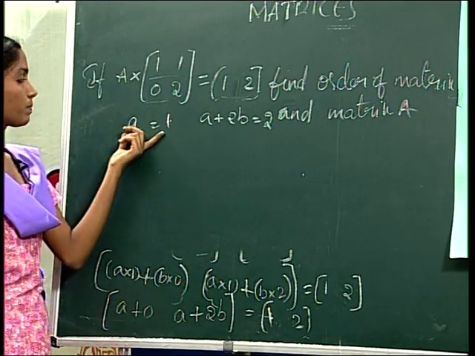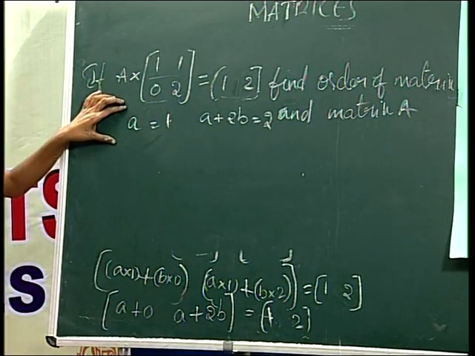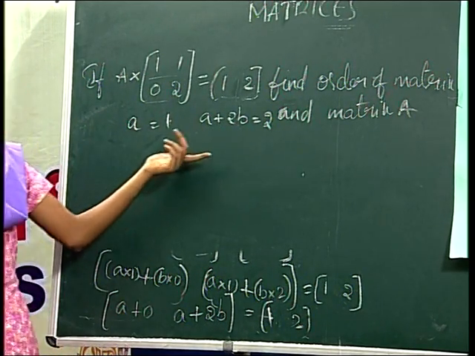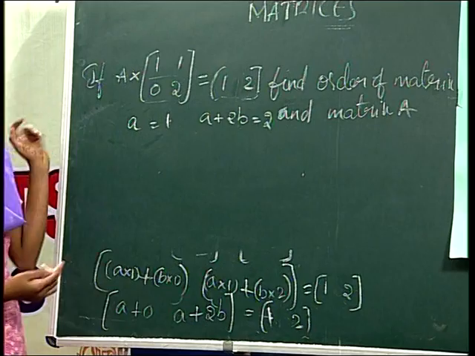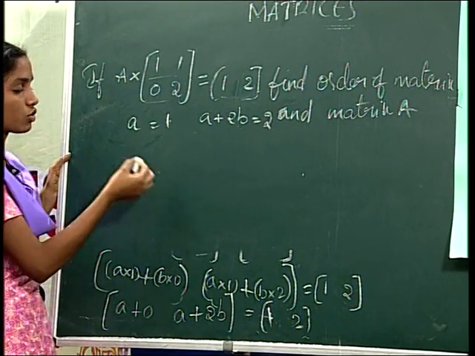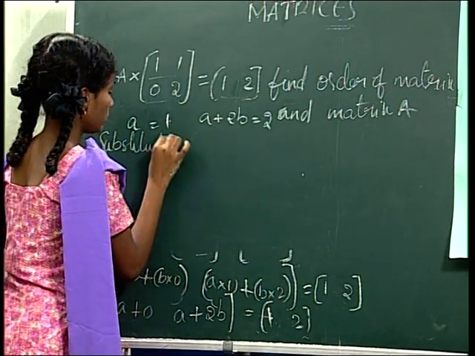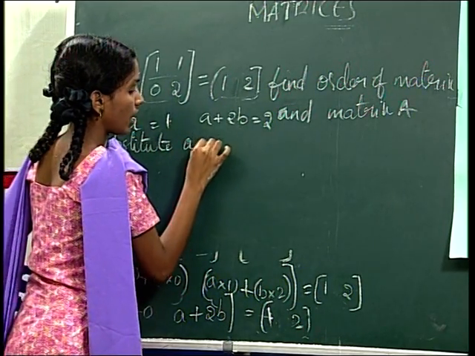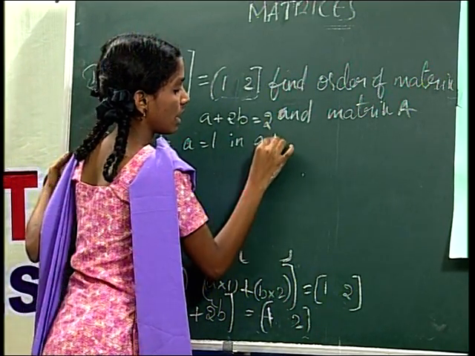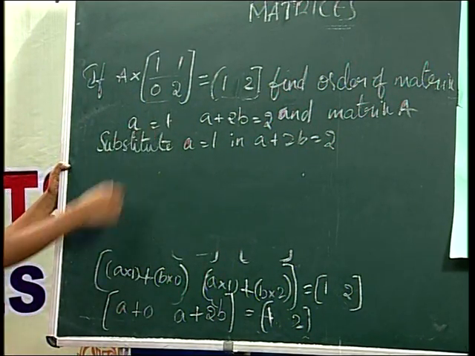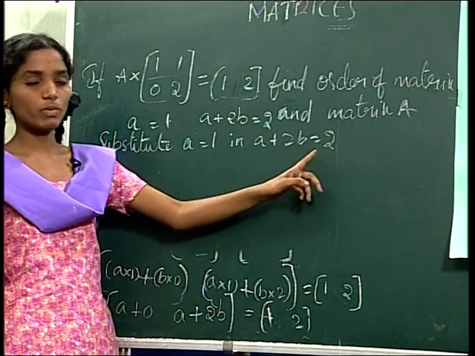If we substitute A equal to 1 in A plus 2B, we can find the value of B easily. So we have to substitute A equal to 1 in A plus 2B equal to 2.